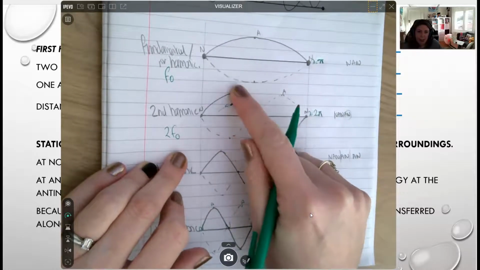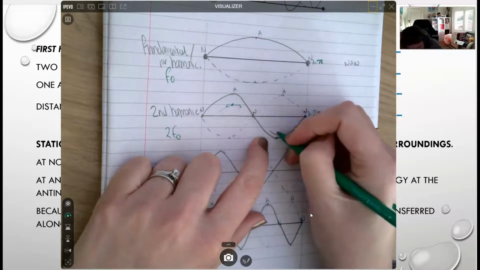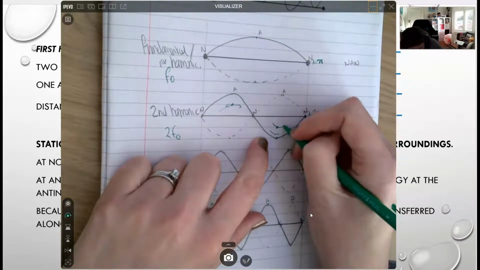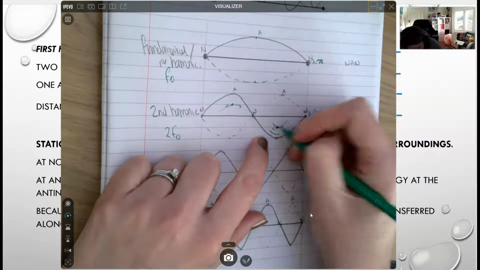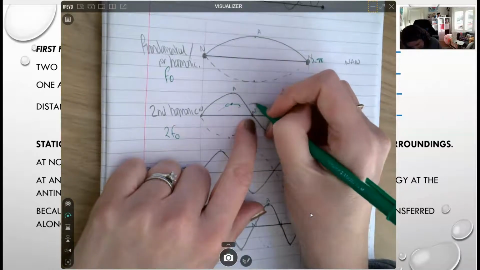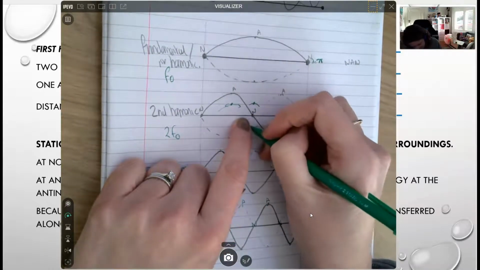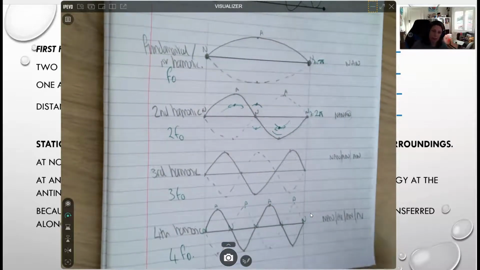So they added together and made your maximum. And at this one, the wave coming this way was here, and the wave coming this way was also here. So they added together to make that. But at this point here, the wave that was coming this way was at the top. The wave coming this way was at the bottom. So they cancelled each other out and you got nothing.